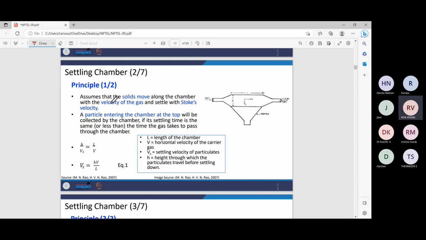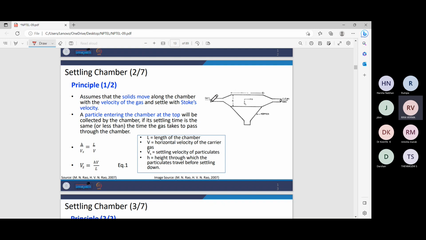Let's have a quick look at the principle that they have tried to explain. They've assumed that the solids move along the chamber with the velocity of the gas, and the settling velocity is the Stokes velocity.